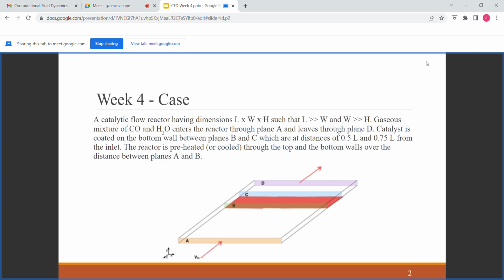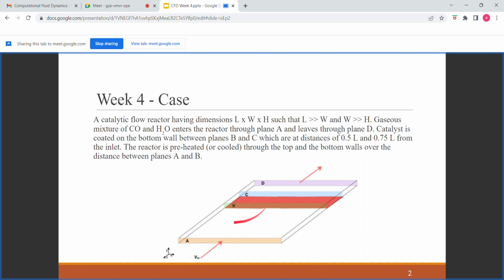Basically in today's session we saw the week 4 assignment problems and week 4 practice problems. For the assignment problems, the first case was such that a catalytic reaction was taking place inside a reactor having dimensions L cross W cross H, where the length L is very much bigger than the width, which is in turn very much greater than the height.